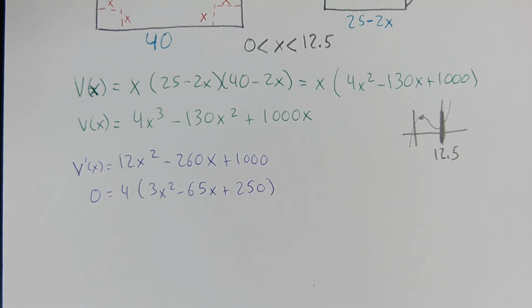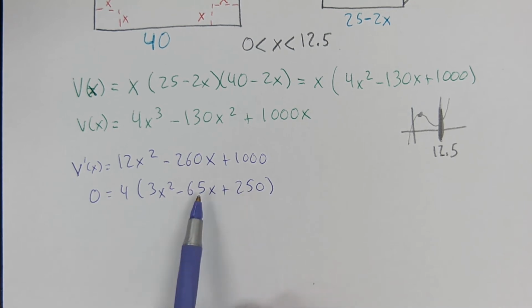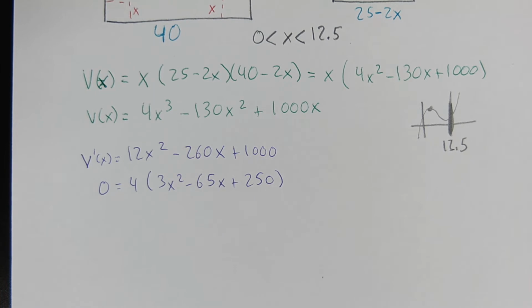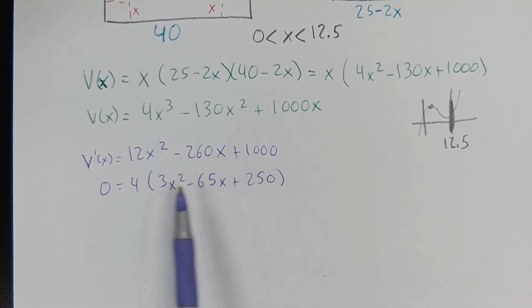By this point in our high school career, I'm going to assume you can factor a quadratic. Because if you couldn't, you could always use the quadratic formula. It would suck, but you could. The two numbers that multiply to 750 that add to negative 65. 3 times 250 is 750.